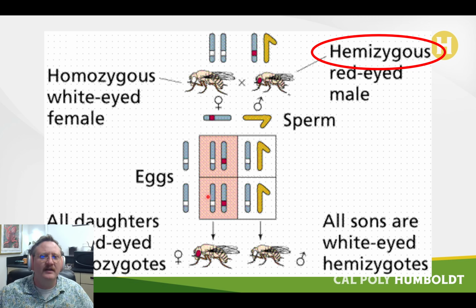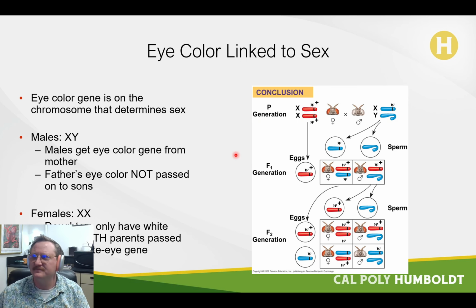Okay? The female offspring are going to inherit an X chromosome from each parent. So it follows different rules here. What you end up seeing are phenotypic ratios differ between males and females. Okay?